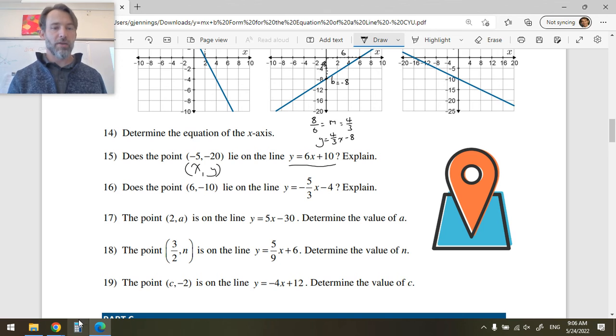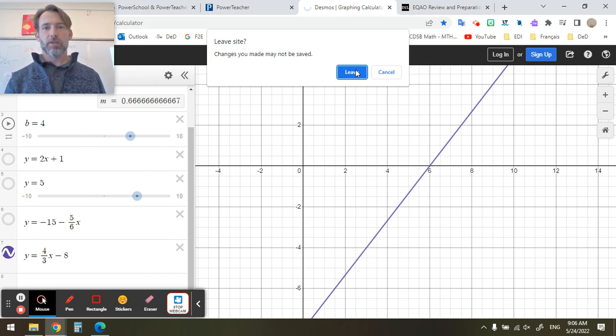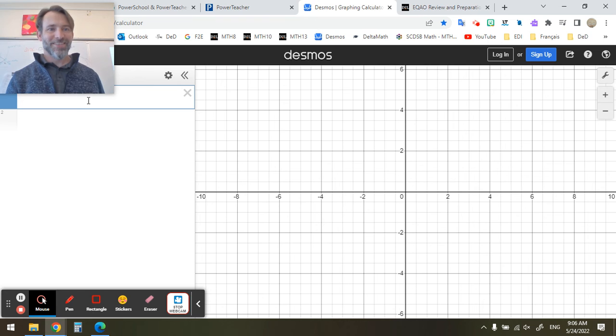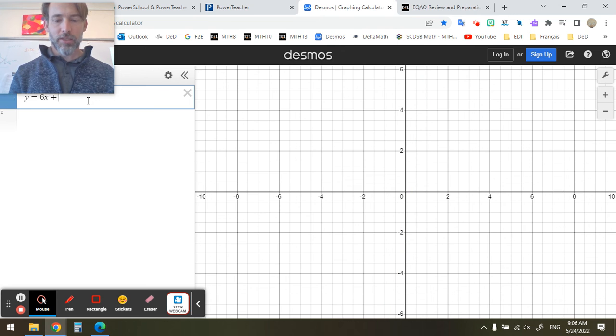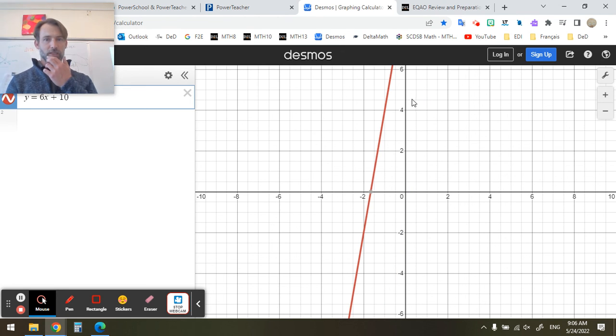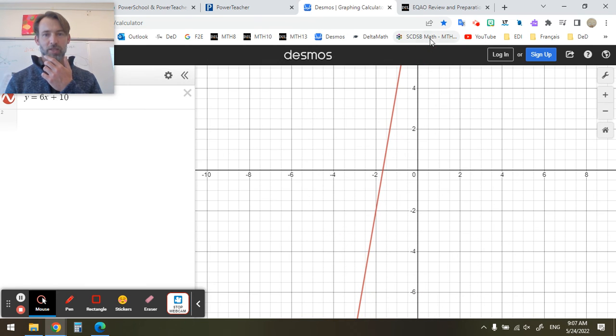Let's first check graphically. We know y is equal to 6x plus 10. So I'm going to get a fresh decimals here. So this is y is equal to 6x plus 10. So there's the line 6x plus 10. It's crossing up here at 10, and it has a slope of 6.